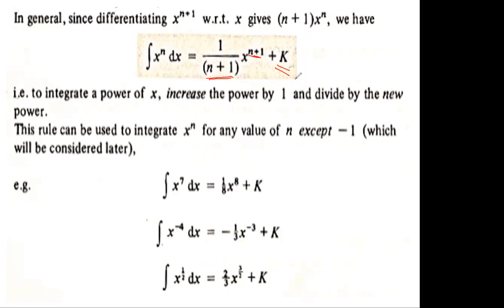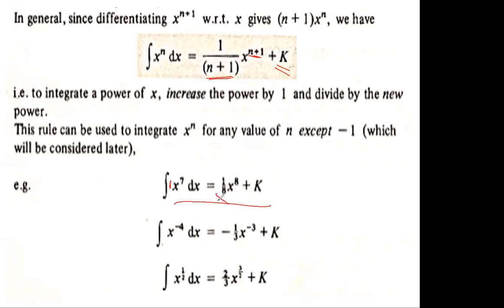Yeah. So this is very simple, right? You have some examples here. So we have to integrate this one, x to the 7. Add 1 to the 7, you get 8. Divide the 1 in front here by the 7. Sorry, by the 8, and you get 1/8.